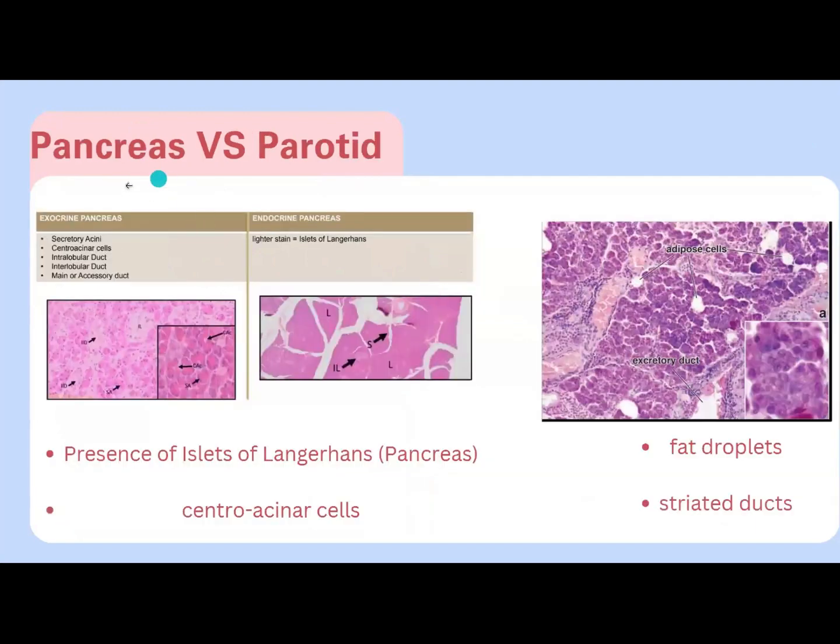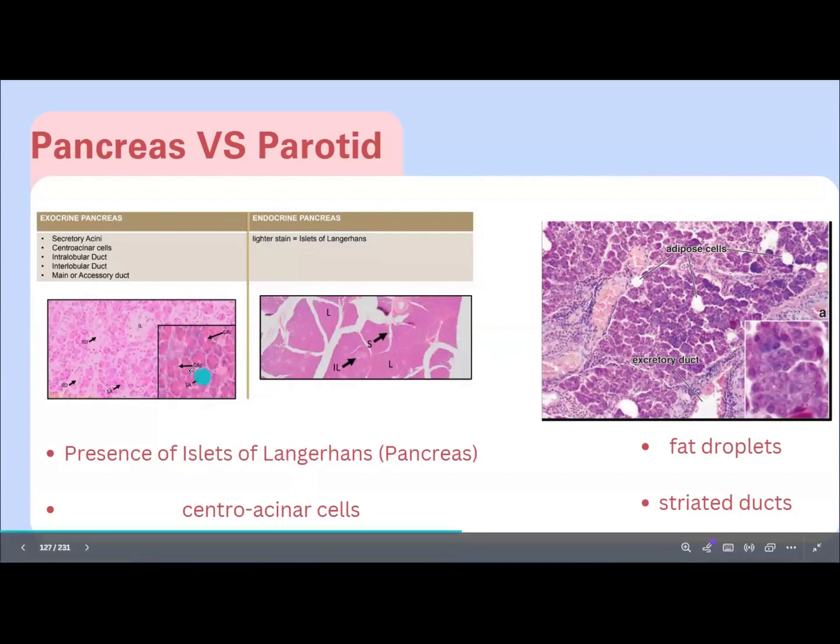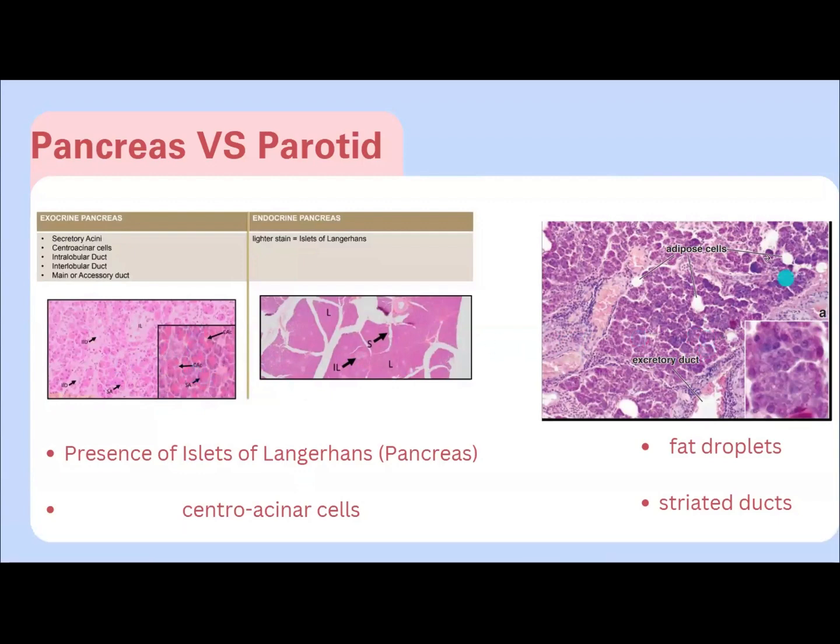So what is the difference between the pancreas and the parotid gland? This is a really important topic, and it's really high yield. They talked about it in the file they sent, which is the important OSPE questions. In the pancreas, the most important difference is the islets of Langerhans. They are only found in the pancreas. And you have the central acinar cells, which we talked about. In the parotid gland, you have adipose cells. Adipose cells will appear white, or fat droplets.